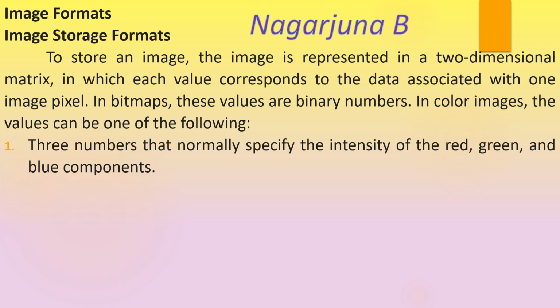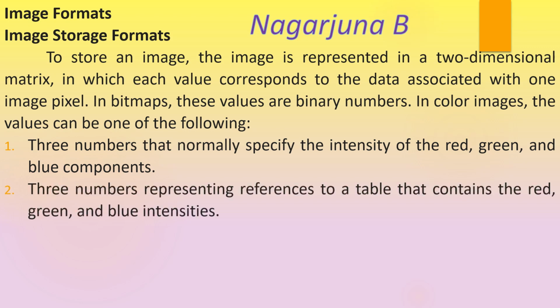And the second one is three numbers representing references to a table that contains the intensity values of red, green and blue components. Three numbers representing a reference to a table, and that table will consist of red, green and blue intensities.